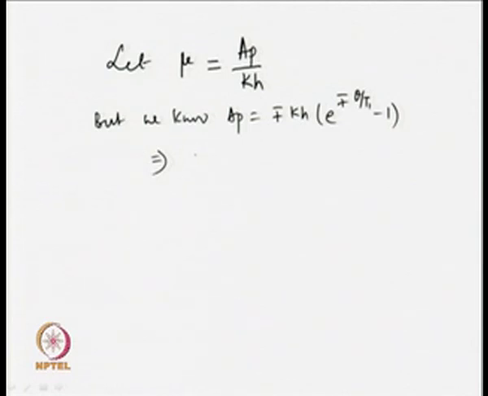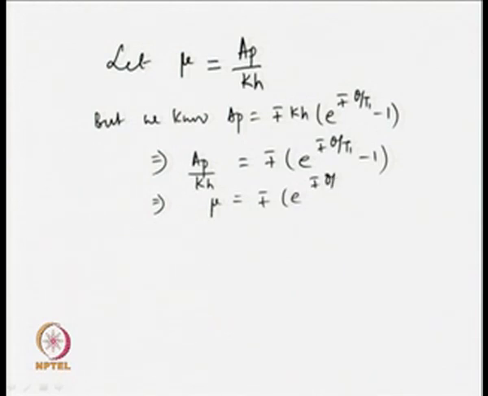Then the expression can be written as Ap by Kh is equal to minus plus e to the power minus plus theta upon T1 minus 1, or mu is equal to minus plus e to the power minus plus theta upon T1 minus 1.